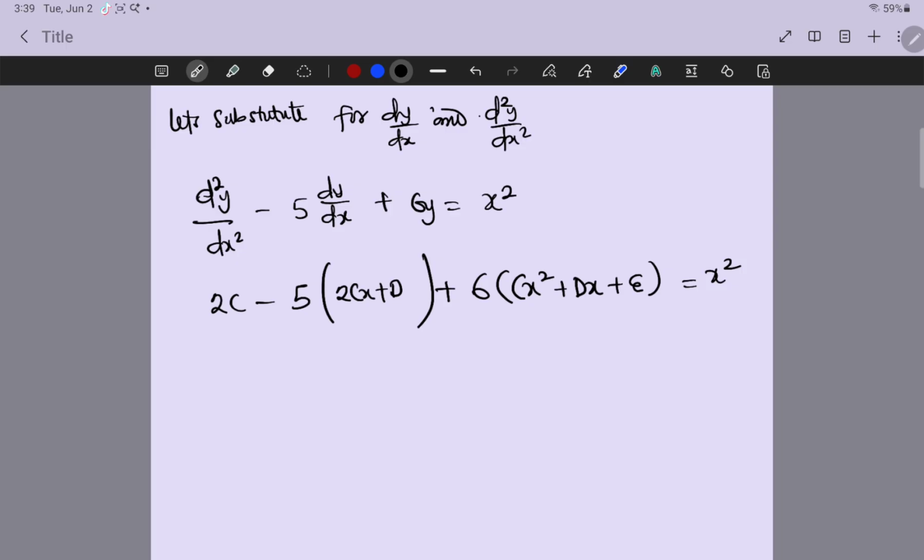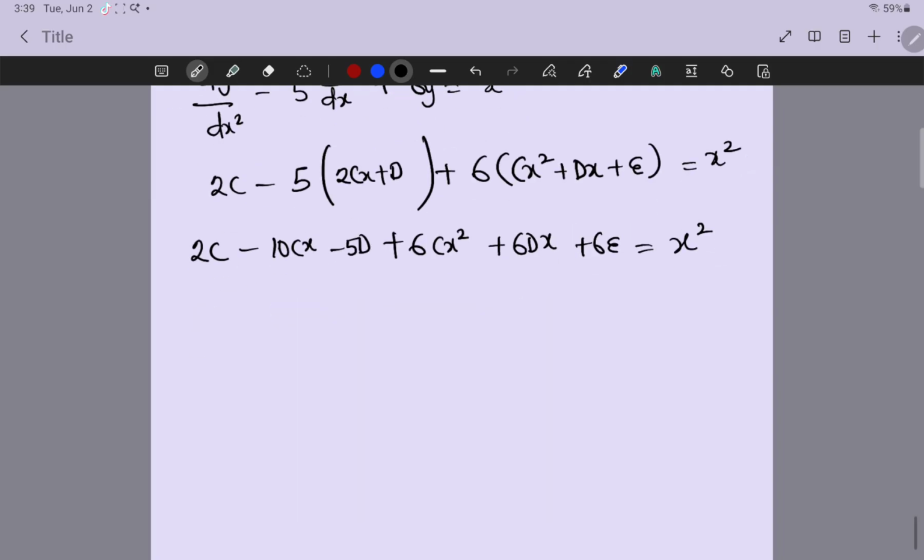So all I did is just substitute this and this, and for this also. So when you substitute that, what you'll be having is 2c, minus 5 open brackets 2cx plus d, plus 6 open brackets cx squared plus dx plus e, is equal to x squared.